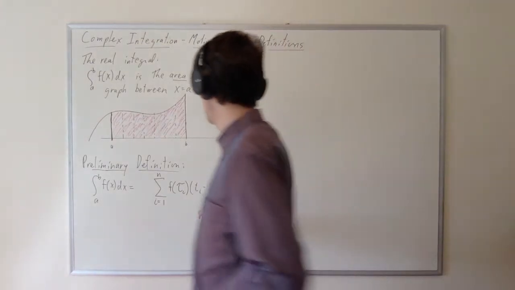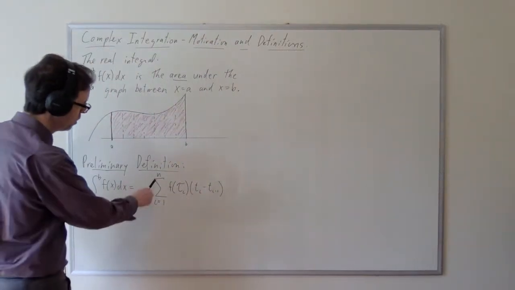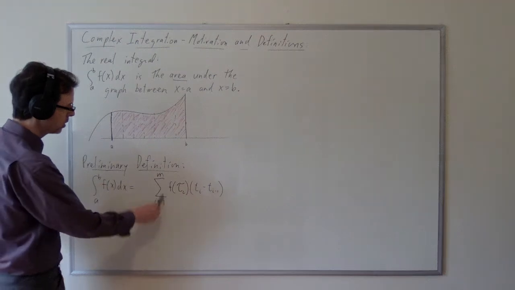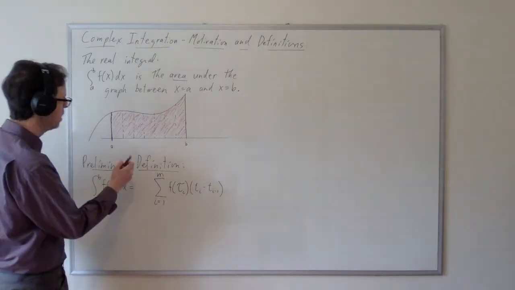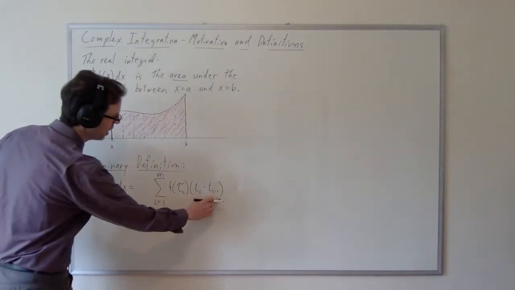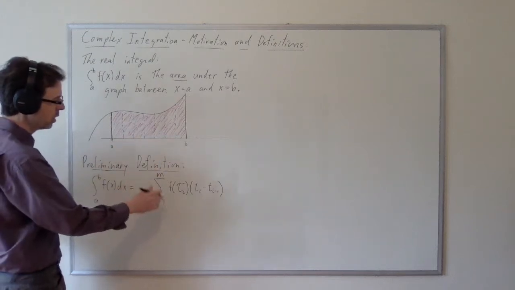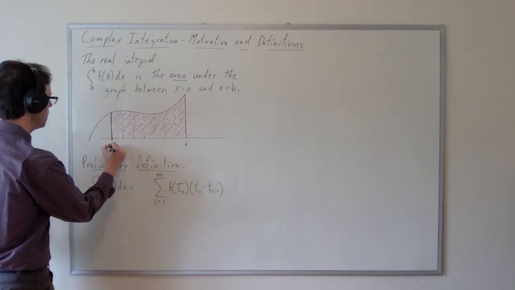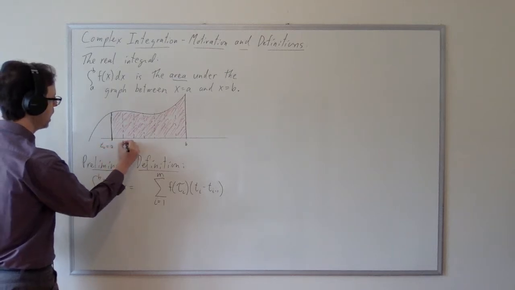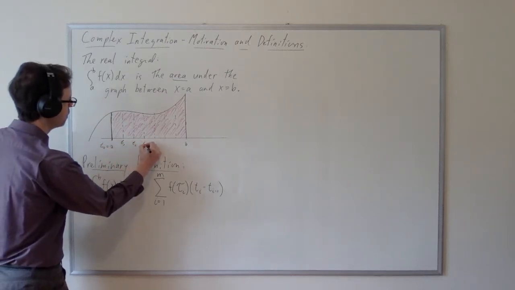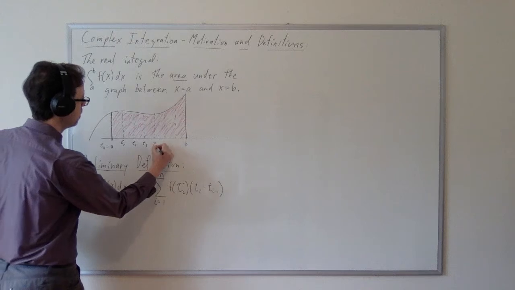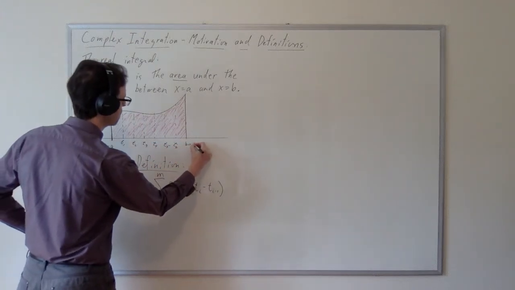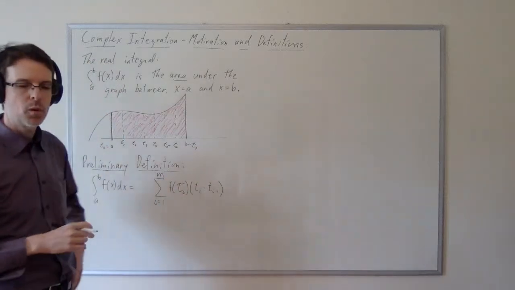Now, here I'm breaking up the integral into n sections. I think I want to make this m for now. M sections, so i goes from 1 to m, and then I'm assuming that we have some sort of division here. These t_i points are dividing points, which begin at t0 equals a and continue in a division across here, t3, t4, t5, t6, and b is going to be t7 in this example.